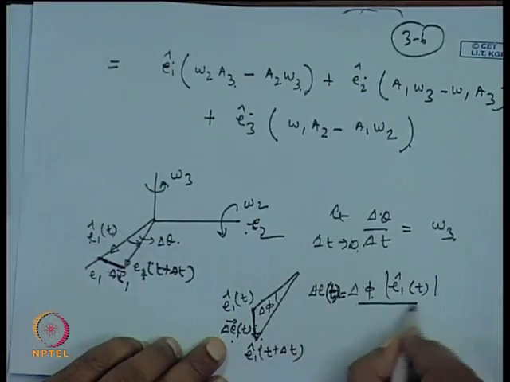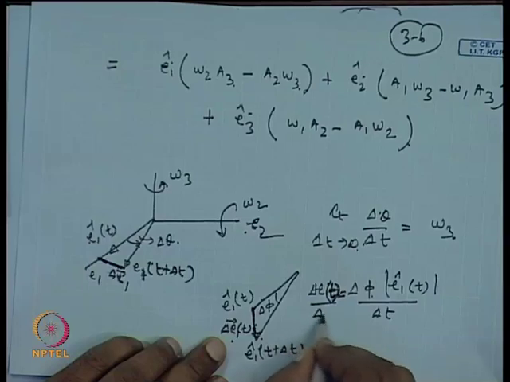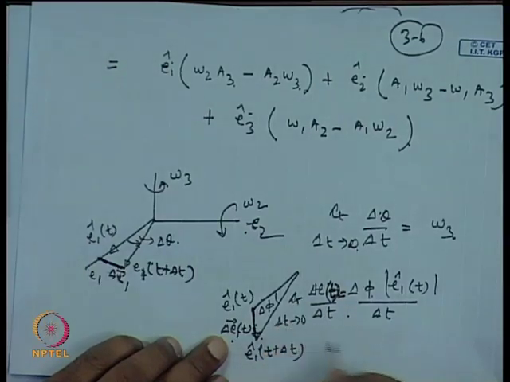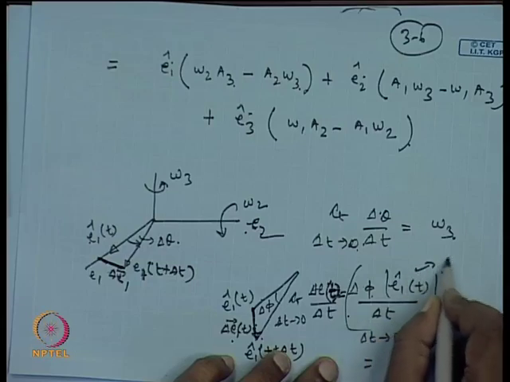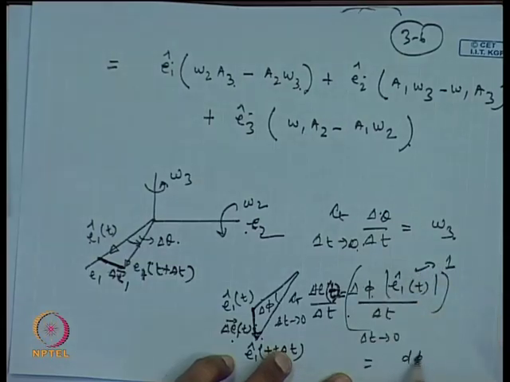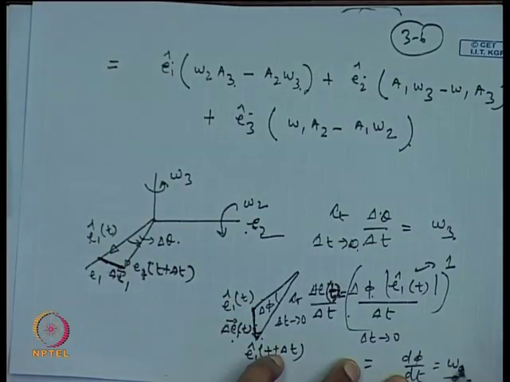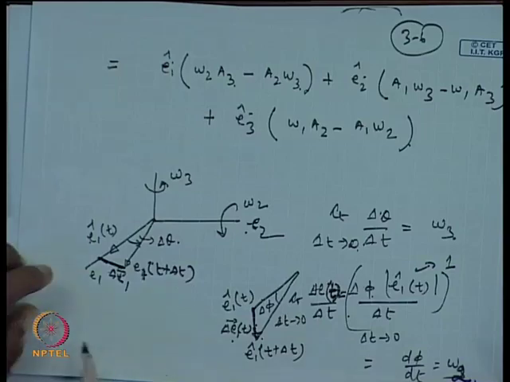Okay. And if we divide both sides by delta t and let delta t tend to 0, so, limit delta t tends to 0, and here also take the limit delta t tends to 0. Okay. So, this quantity is basically 1. So, this gives you d phi by dt, and here this is serving as omega 2, not as omega 3. And what is the direction in this case?